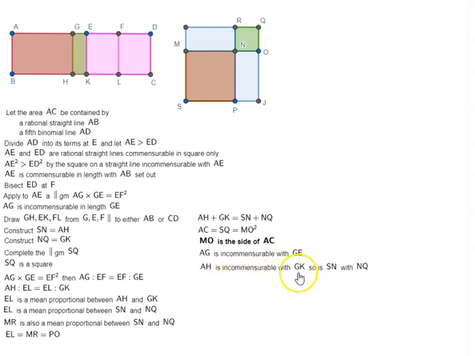AG is incommensurable with GE. So AH is incommensurable with GK because AH is the figure on AG and GK is a figure on GE. So is SN with NQ because AH is equal to SN and GK is equal to NQ. So we can say MN and NO are incommensurable in square because SN is MN square and NQ is NO square.